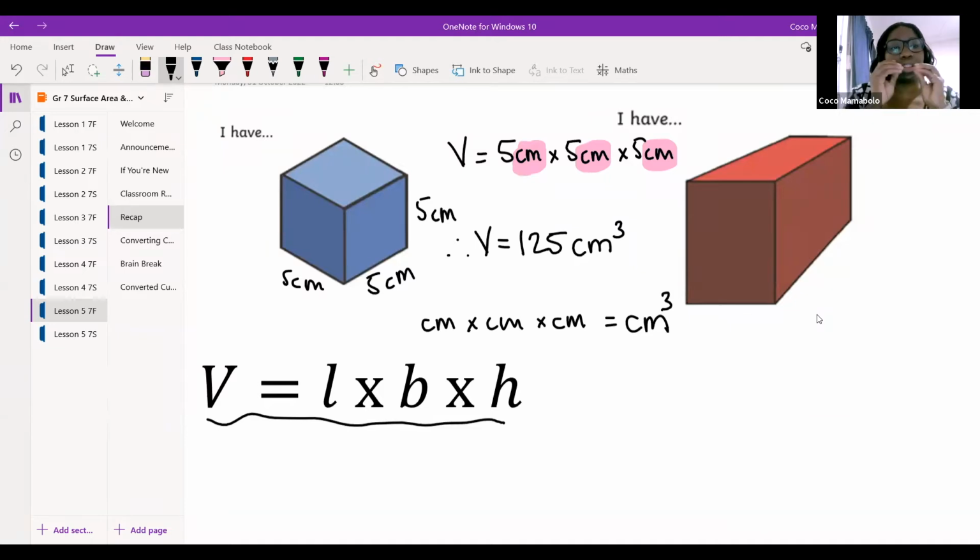So I need to make sure that I write it the exact same way. I can't say centimeter squared. I've multiplied 3 of them together. That's going to give us centimeters cubed. So we need to be very careful. It's not the cube root, it's the cube.